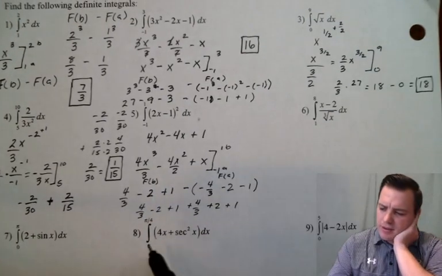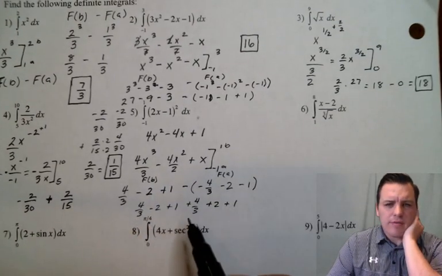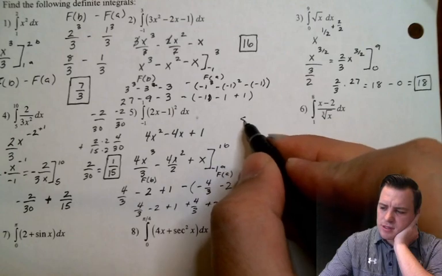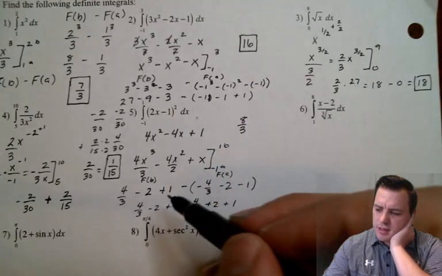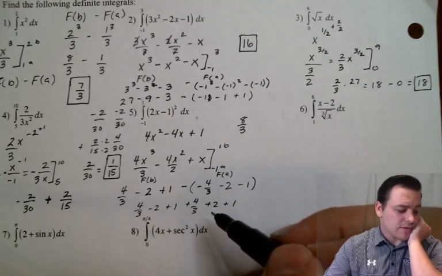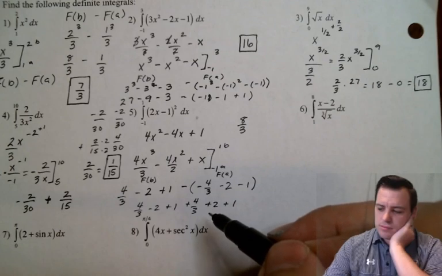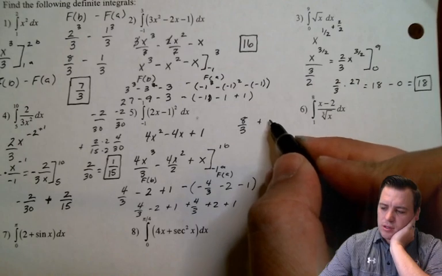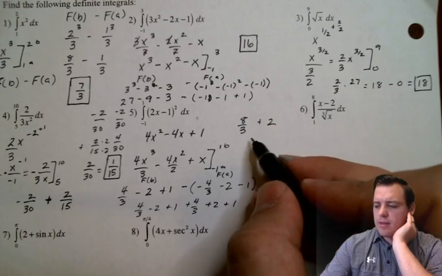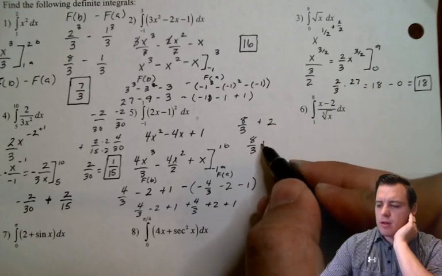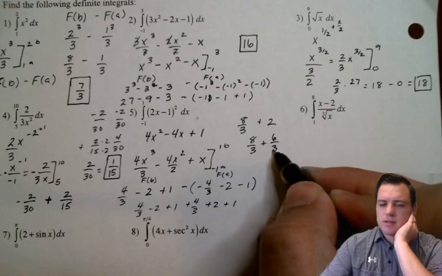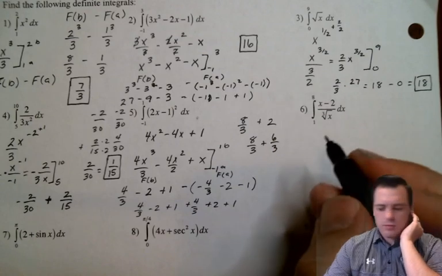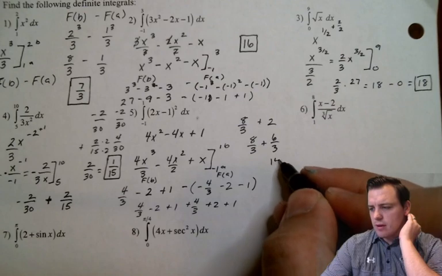Okay? 4 over 3 and 4 over 3 would give me 8 thirds. Negative 2 plus 2 cancels. And then 1 plus 1 is 2. And that would be 8 over 3 plus 6 over 3, which is the same thing as 2, which is 14 over 3.